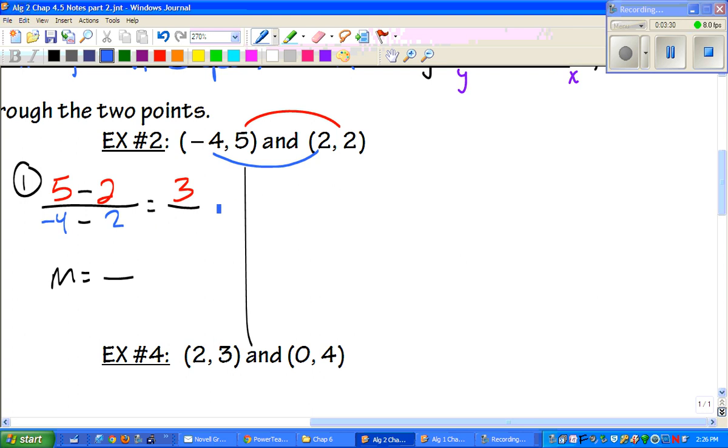Negative 4 and 2, that gives us negative 6. 3 over negative 6 is negative 1/2. Remember that you do need to reduce those. Okay, so we know what the slope is. And it doesn't matter which point you use. I'll actually do it twice so you guys believe me.